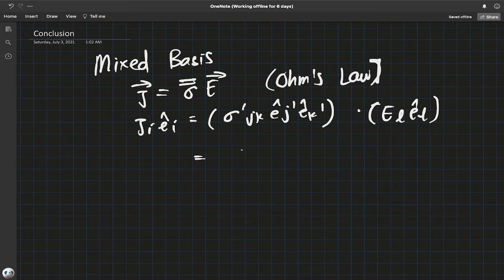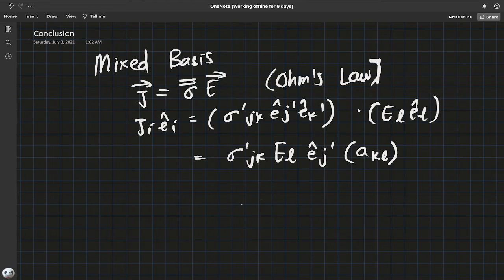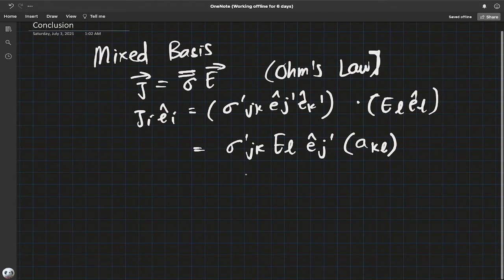This just becomes sigma prime sub jk, e sub j prime, because we're doing a dot product over this. So e sub k prime dotted with e sub l will give you transformation matrix a sub kl. So this is just for J sub i, e sub i.